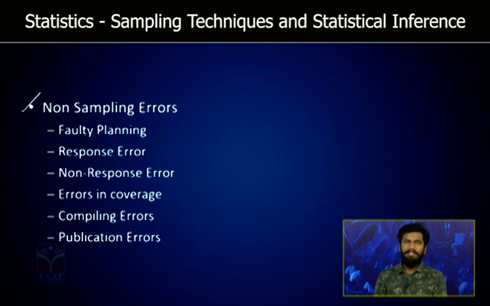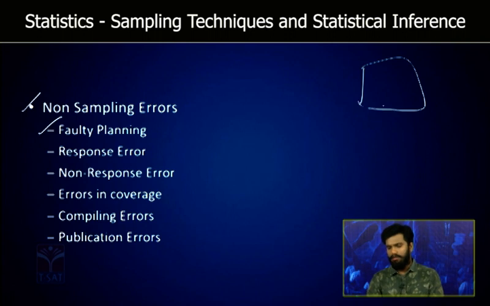Now in the non-sampling errors, the first is faulty planning. Whenever you want to do a sampling, the first thing you have to do is be very clear about in which geographical area you have to do the sampling, or which sampling technique you have to use. And also after finding the samples, how we are estimating from the statistics to the parameters, and after that how we are generating it.